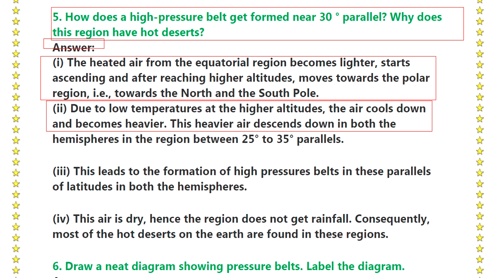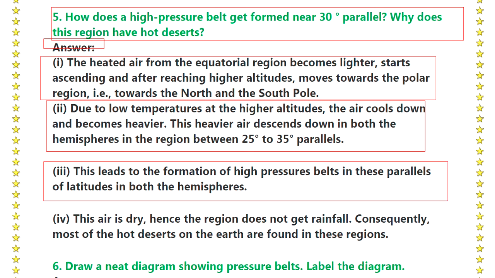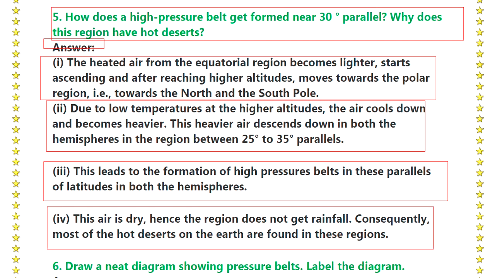The heavier air descends in both hemispheres in the region between 25 degrees and 35 degrees parallels. Third, this leads to the formation of a high pressure belt in these parallels of latitudes in both hemispheres. Fourth, this air is dry, hence the region does not get rainfall. Consequently, most of the hot deserts on the earth are found in these regions.